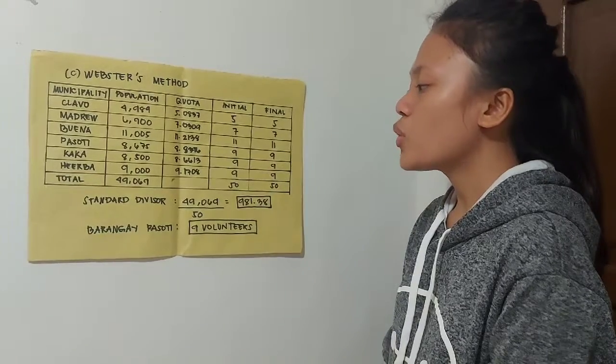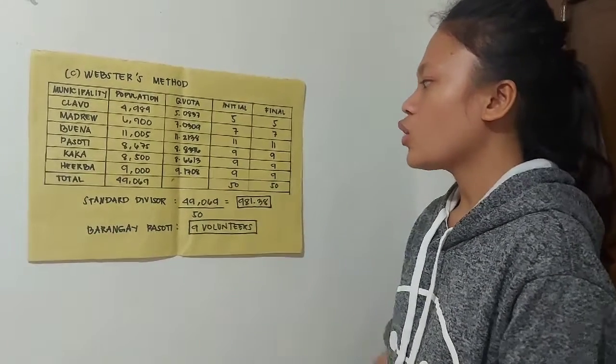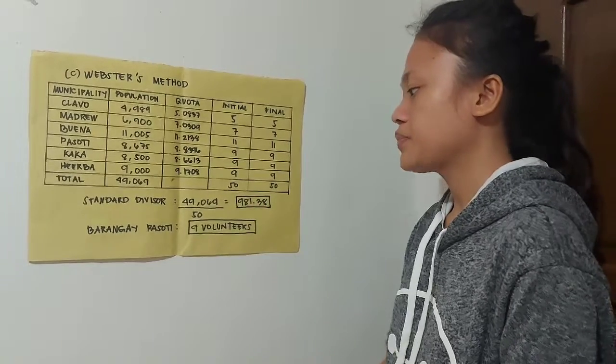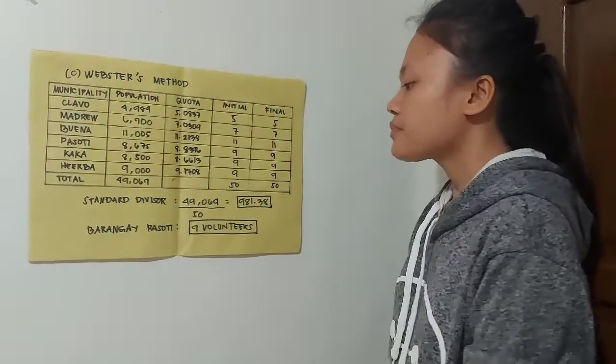And 9.1708 equals 9. And a total amount of 50. So that is how you get the Webster's method.